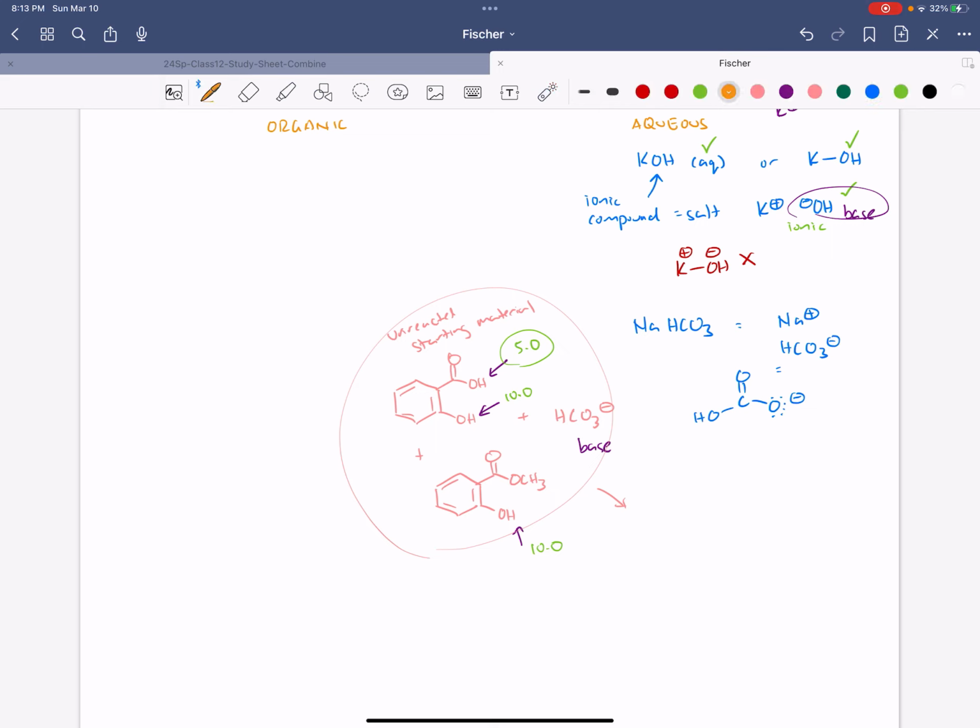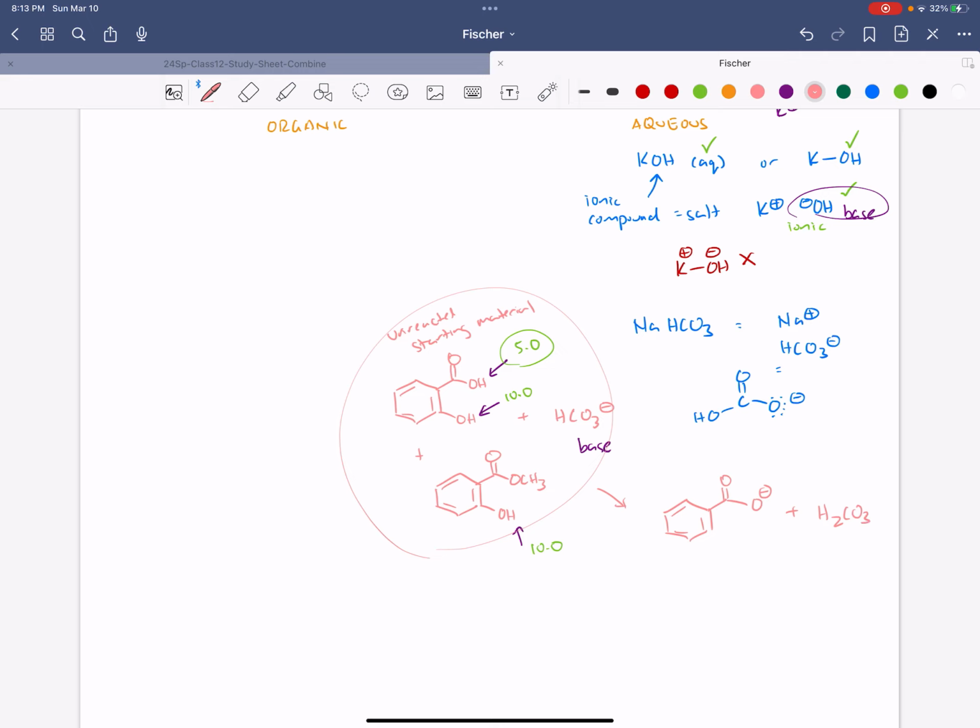The most likely result of this extraction is what? You'll deprotonate the carboxyl, so here's your O minus. What is the conjugate acid? It's this base that got protonated. The easiest way to draw that is just add a proton, H2CO3, neutral.